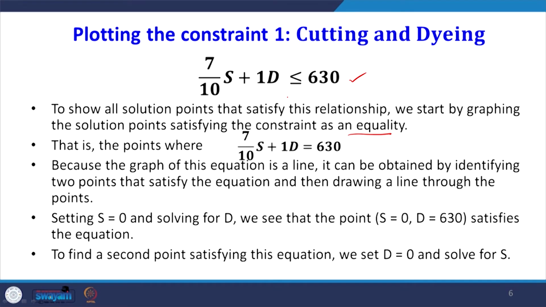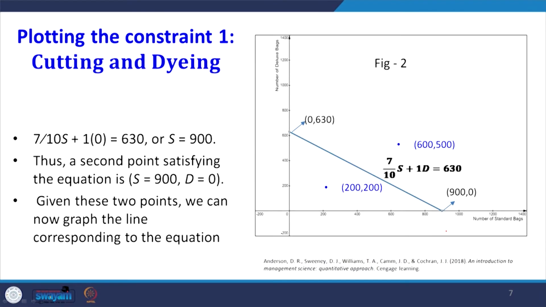So, how can we get the 2 points? In this equation, if you substitute s equal to 0, you will get a d value. So, if you substitute s equal to 0, d equals 630. So, we got 1 point: 0 comma 630. The second one, you substitute d equal to 0, you will get the value for s.